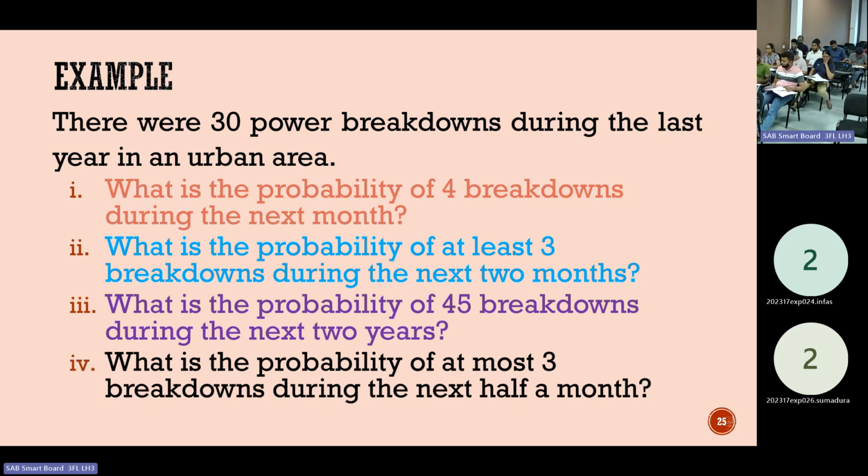Now here, during the last year, 30 breakdowns per year. Always when we define the variable, we have to look at the question, and according to the question, we identify the variable. To answer this one, how should we define the variable?